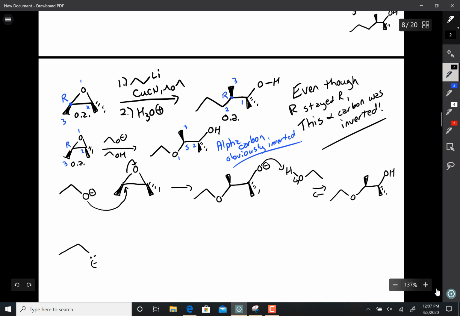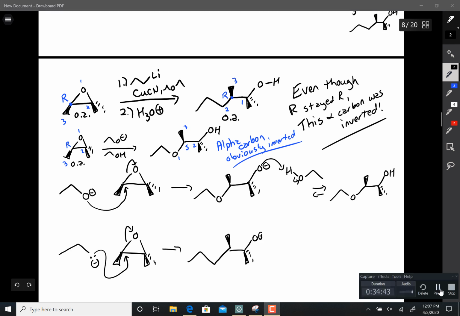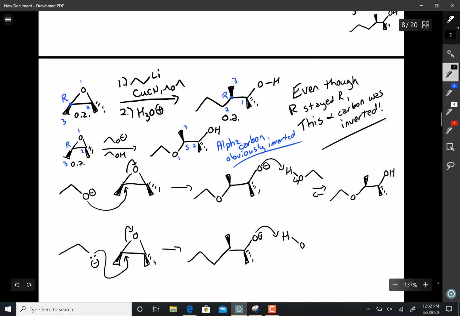If we use the mechanism using the carbanion, all we're doing is swapping out a C minus for an O minus. And then it's protonated by the acid in the water.